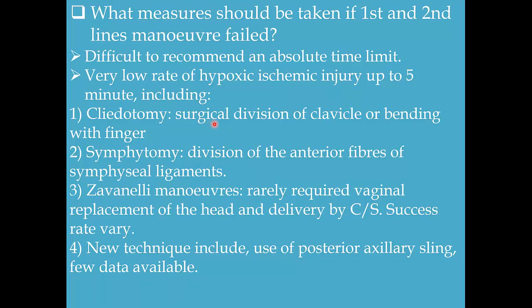It is surgical division of the clavicle or bending with a finger. Symphysiotomy is division of the anterior fibers of the symphysial ligament. Zavanelli maneuver is rarely done. This requires vaginal replacement of the head and delivery by cesarean section. Success rates vary. And there are new techniques including use of a posterior axillary sling, but there is limited data about this maneuver.